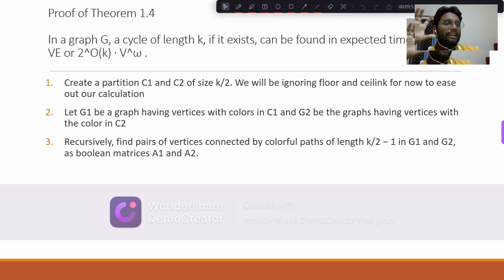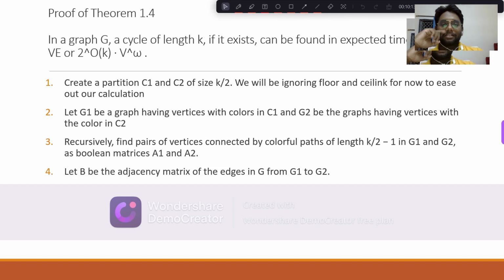After that, for each of G1 and G2, we'll try to find a single path of length k by 2 minus 1. Why are we doing this? Because when we have two paths of length k by 2 minus 1, if we can find a common edge between the two paths, we'll get a cycle of length (k/2 minus 1) times 2 plus 2. So that's the simple thing which helps us to find a k cycle with this algorithm.